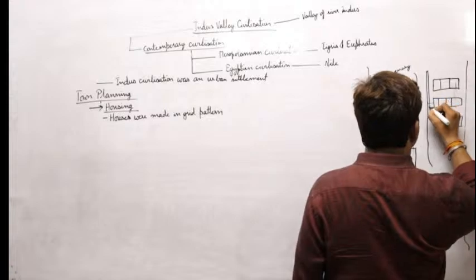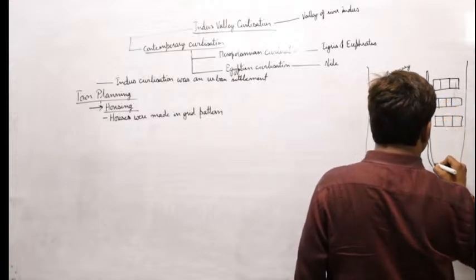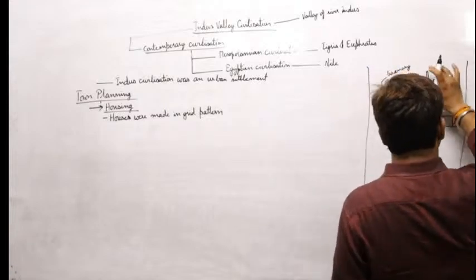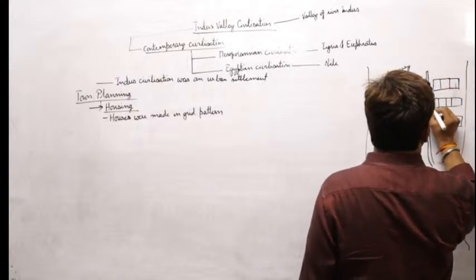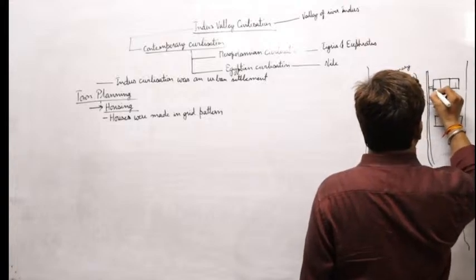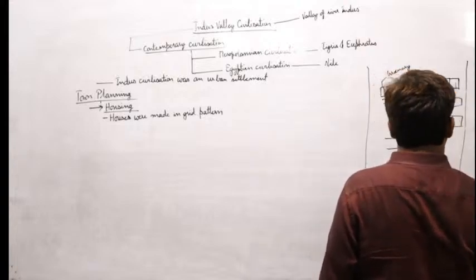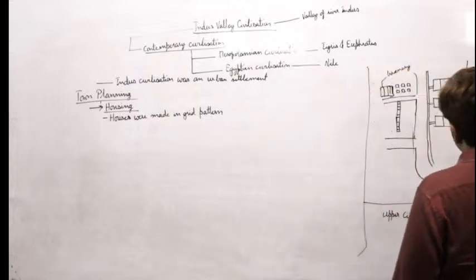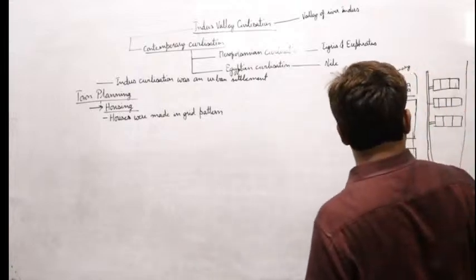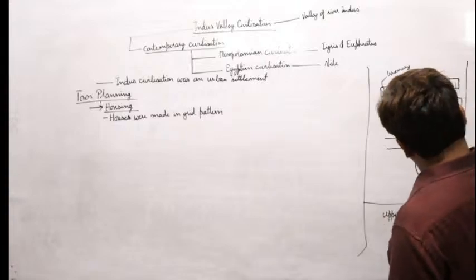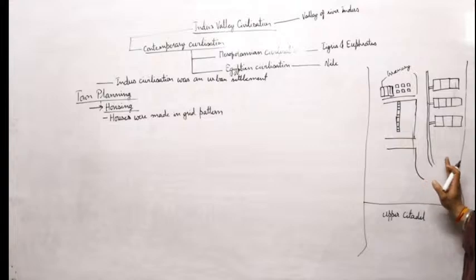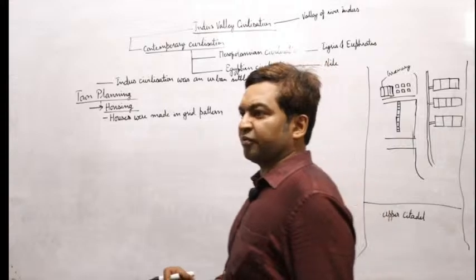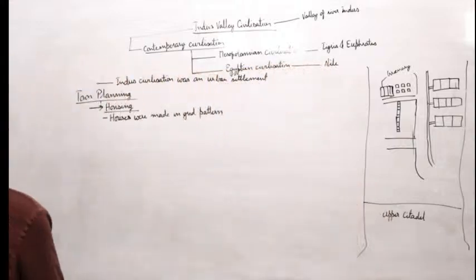Main drain was covered and it used to flow below the main street. So all the houses were connected to the main drain by smaller drains, and the main drain, having collected all the waste water, it used to deposit everything outside the city walls. Okay.